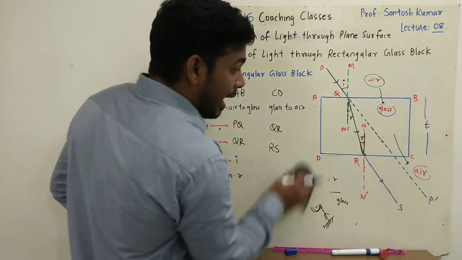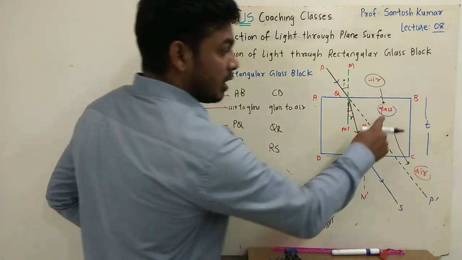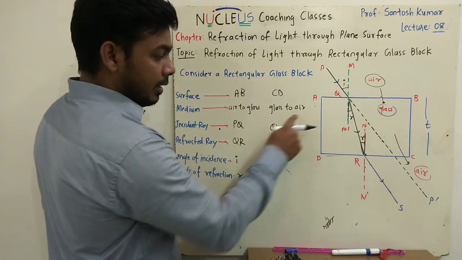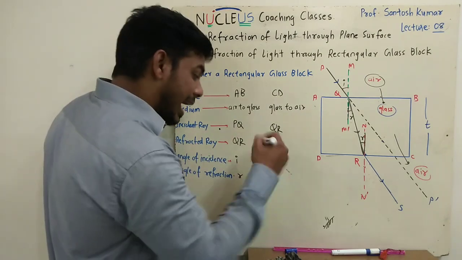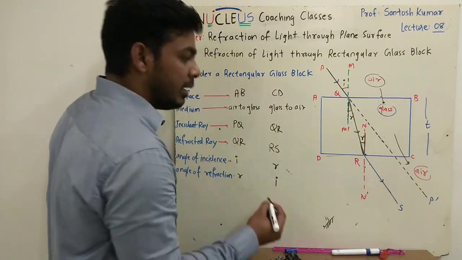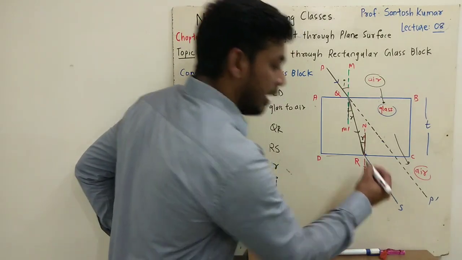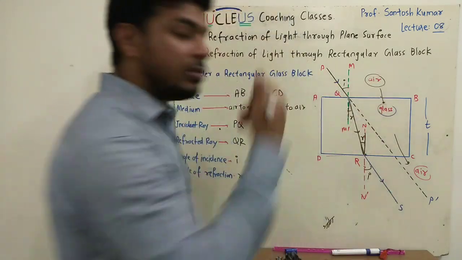So for the path QRS, the ray is traveling from glass to air, incident ray is QR, refracted ray is RS. If angle of incidence is R, then the angle of refraction will be I. So this angle has to be I. Now we can see that the ray RS comes out of the glass slab.